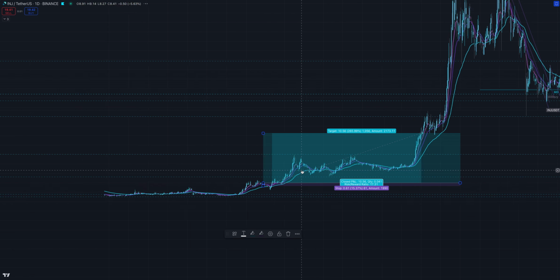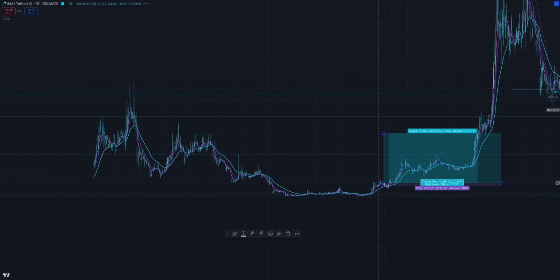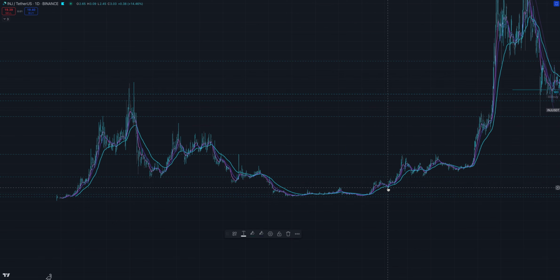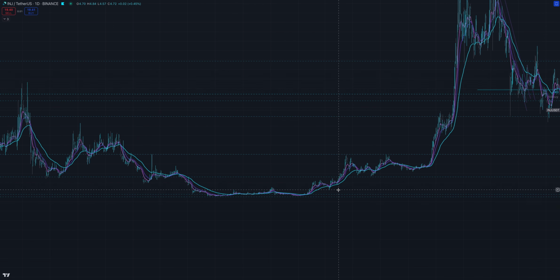Because you're working on such a high time frame, the profit margins can be huge, and sometimes you need a few attempts to really get on that stock, because you're not going to nail a setup with 50% as your stop loss.